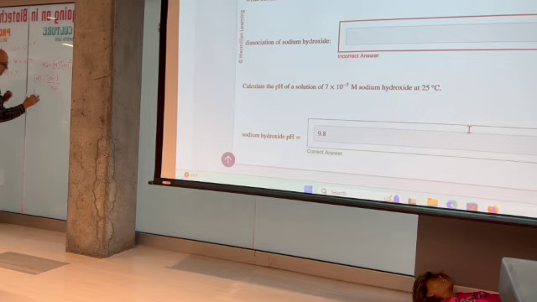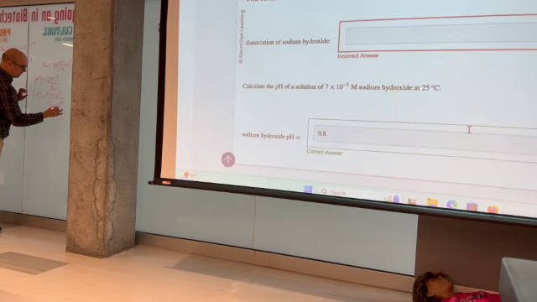And that gives you the solution, but then you still have to use the pH equals negative log of the concentration of H plus. But we're going to get the same answer. 7 times 10 to the negative 5 divided by 1 times 10 to the negative 14. H plus equals, oh my God, 9.